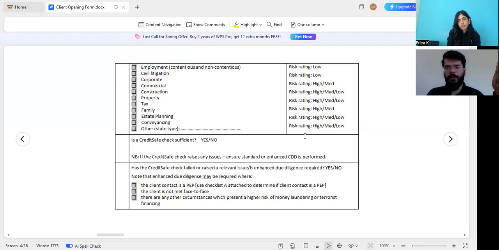You can also test them, asking what's your first name, what's your last name, what's your date of birth, without having them look at the document. So that's another concern.